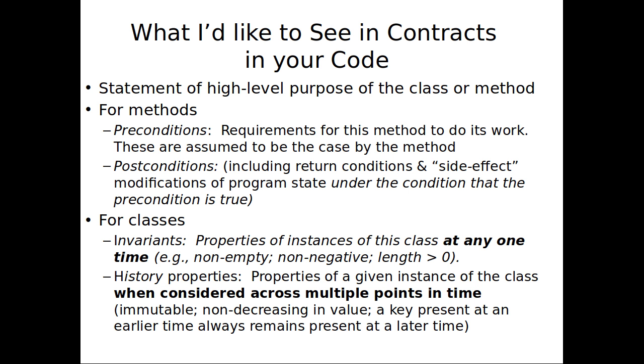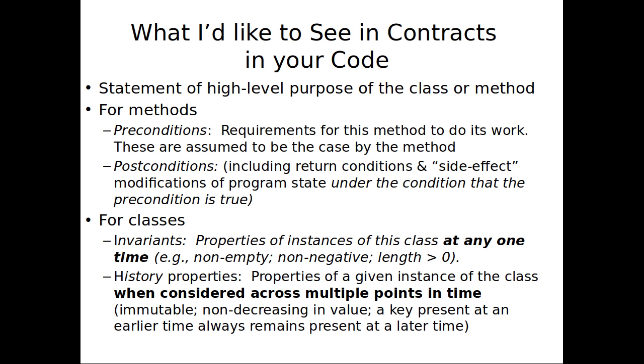Okay? So invariants are things that are true at any time. At any given point, these things are true. For example, this data structure might be non-empty. It might have no duplicate keys. It may have no values in it for any keys which are duplicates of each other.